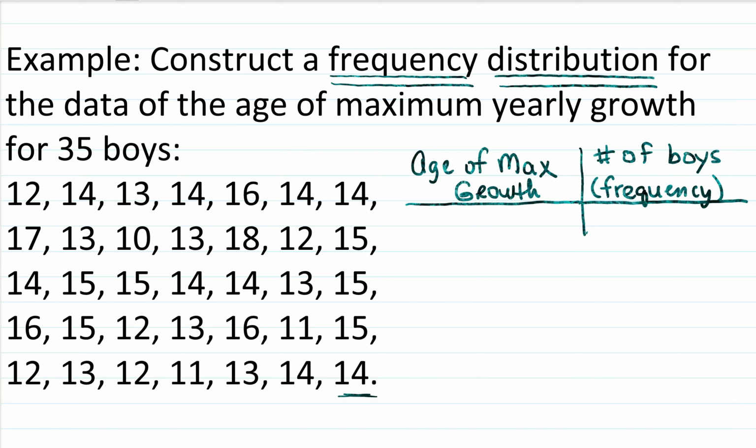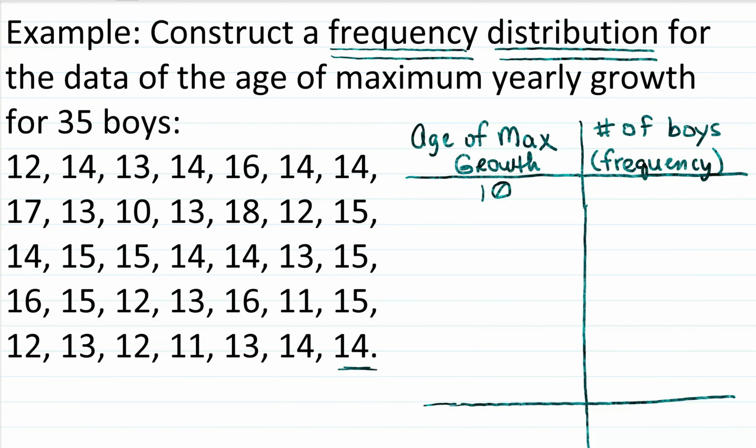That's the youngest age that I see. So I'll put that down here under age of maximum growth. So I see 10 as the youngest age in that data set.